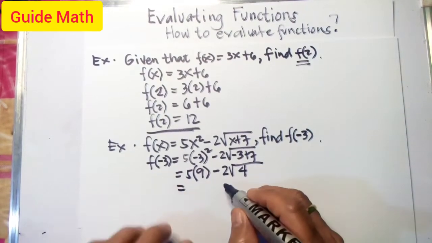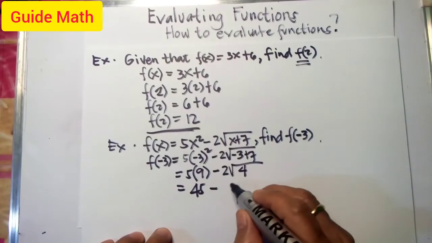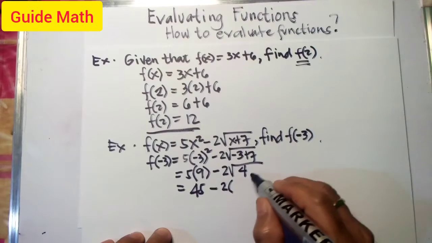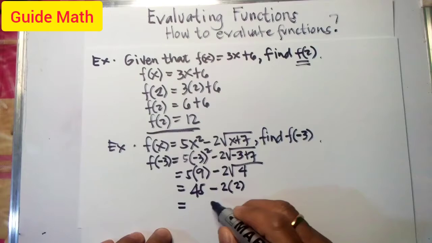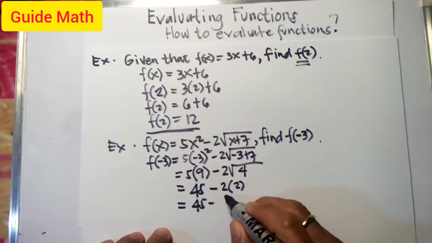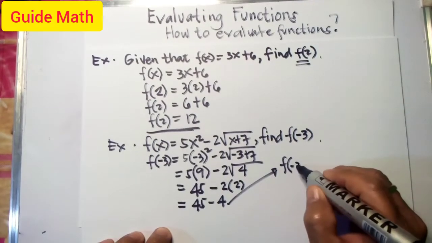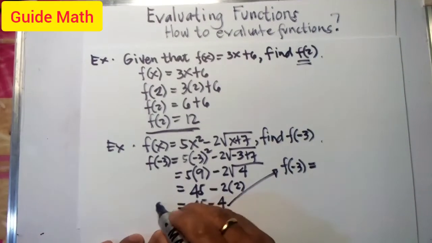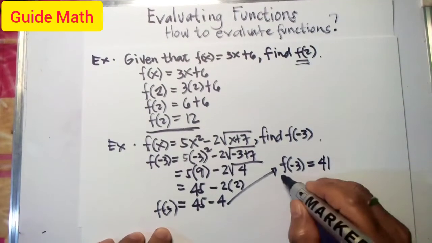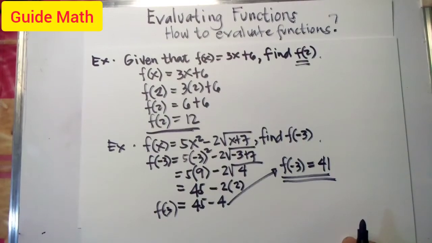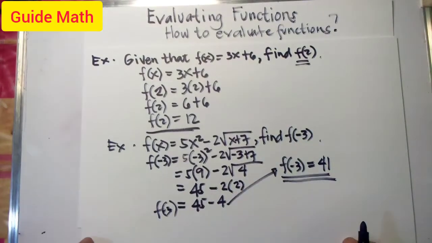So we have 5 times 9 is 45 minus 2 times, since 4 is a perfect square, the square root of 4 is equal to 2. So this will become 45 minus 4. Therefore, f of negative 3 is equal to 41. So this will be now your value or output based on the given rule, and we have our input, which is negative 3.